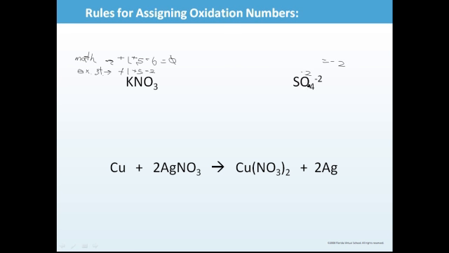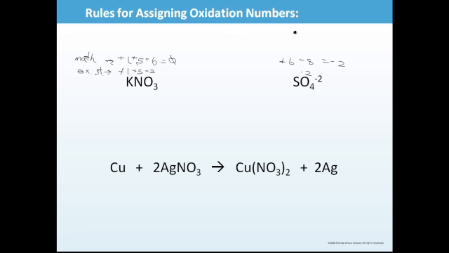We have 4 of them total, so -2 times 4 gives us negative 8. So you kind of use it like an algebra problem here. X minus 8 equals negative 2. And we'd solve for x. Well, that means we add 8 to both sides. So negative 2 plus 8, that would give us a positive 6.